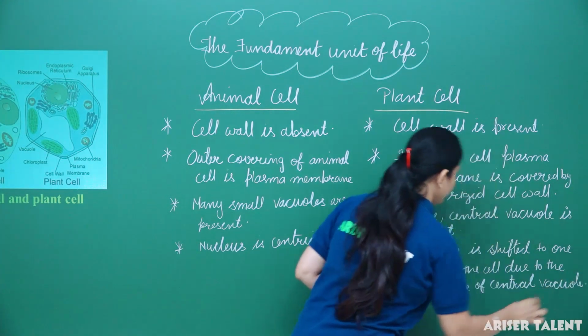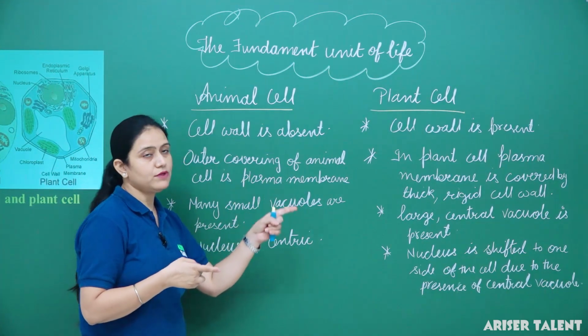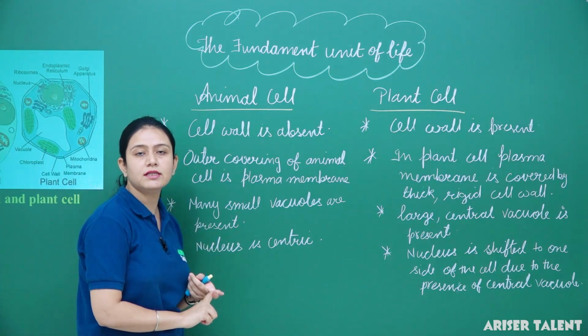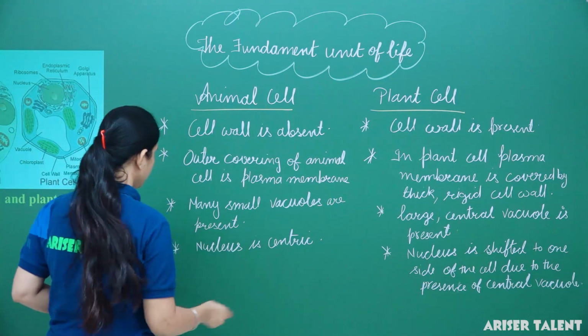Okay, so what is the difference? In animal cell, nucleus is in the center, but as we all know, a large central vacuole is present in the plant cell. This is the reason nucleus is shifted to one side of the cell.